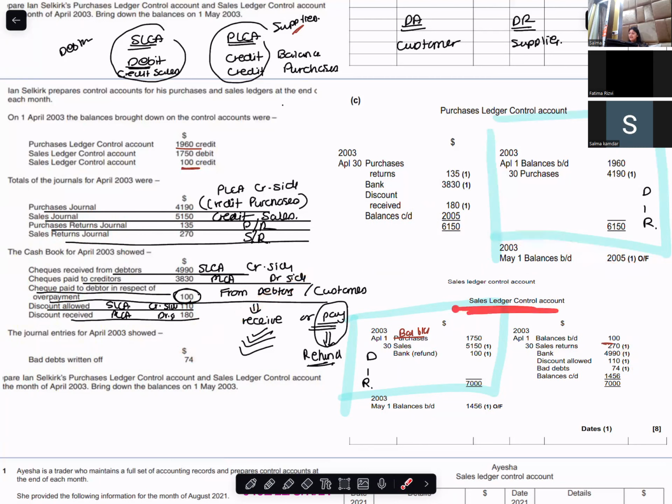Because SLCA has a debit balance, opening balance debit, below that credit sales, below that dishonor interest refund. Everything else that is related to your debtor or your customer will come on the credit side. Try doing this sum. Then we'll do the closing together.